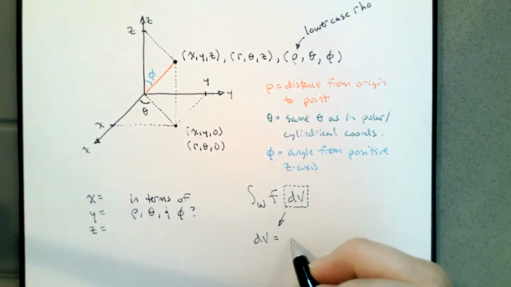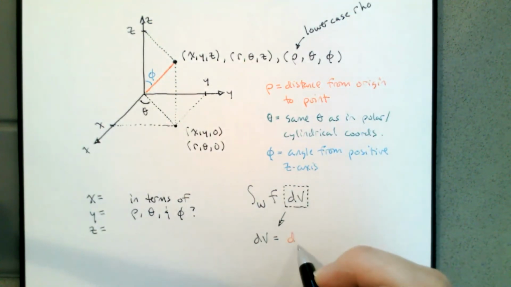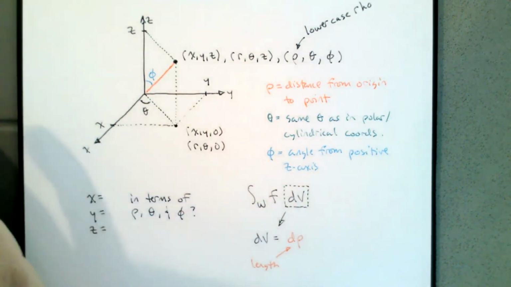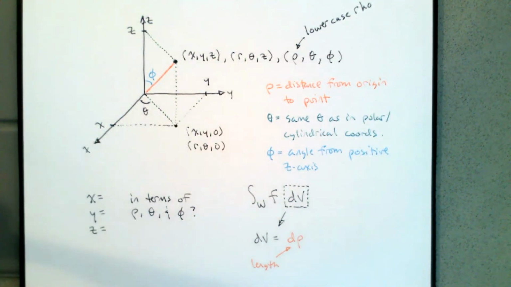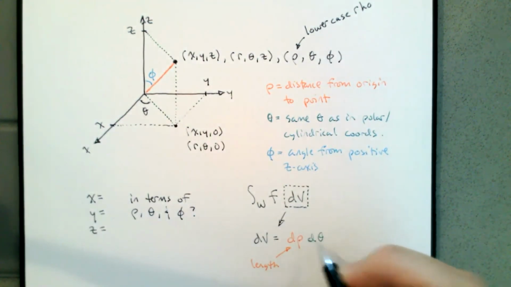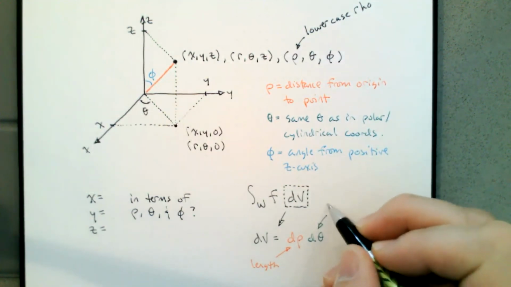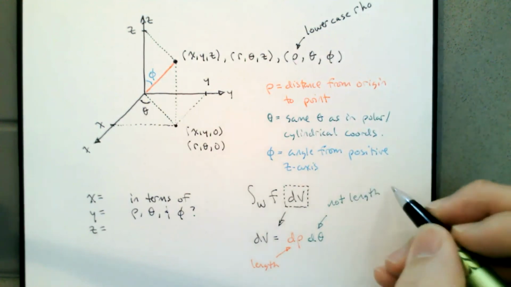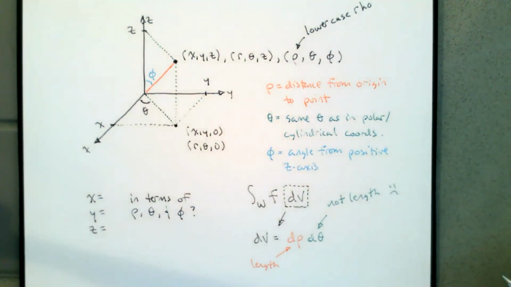D rho, no problem. That's a length. D theta, not a length. We need some extra factor to turn d theta into a length.